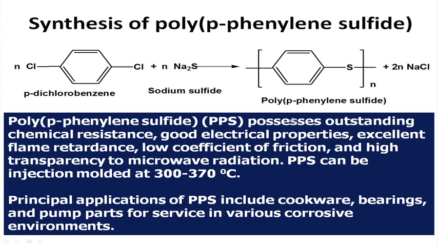And this flame retardancy comes from the small amount of hydrogen present in the polymer. The empirical formula of the polymer would be 6 carbons, only 4 hydrogens and 1 sulphur. There is no more hydrogen or oxygen present.